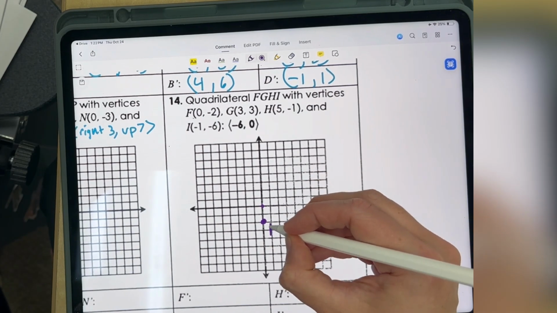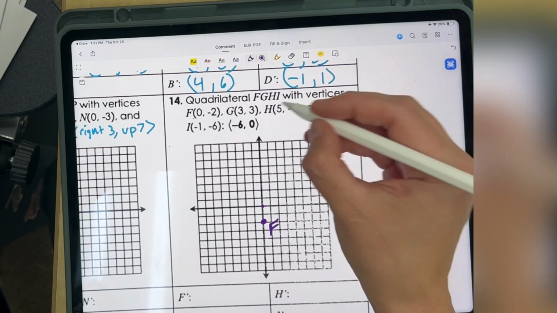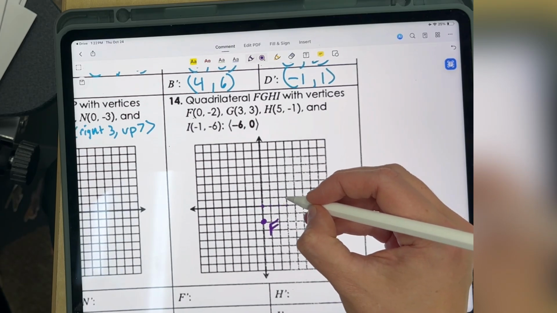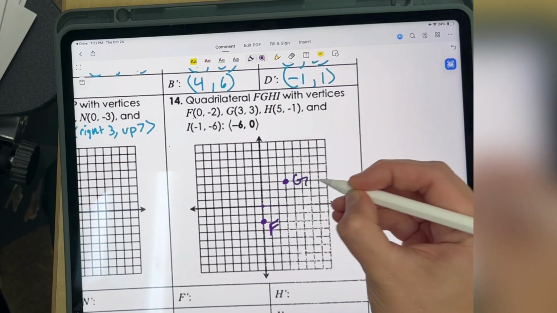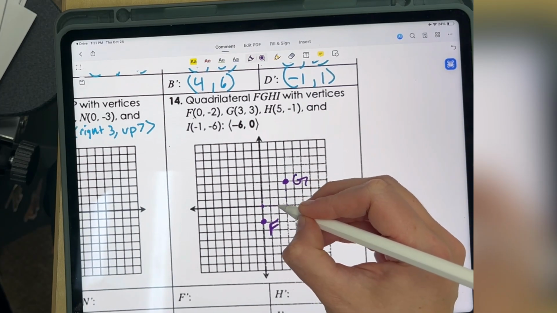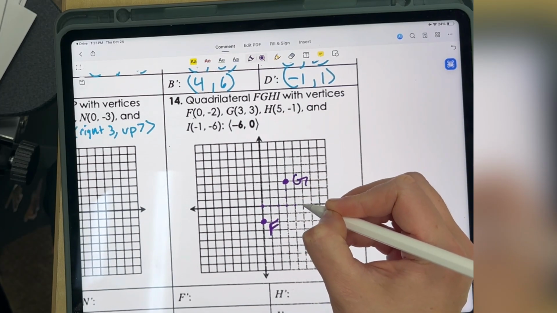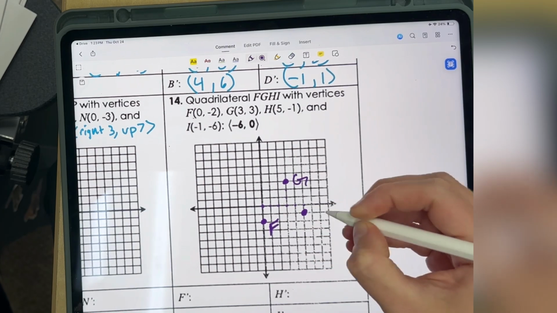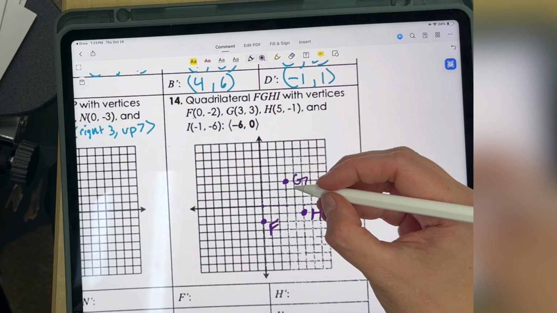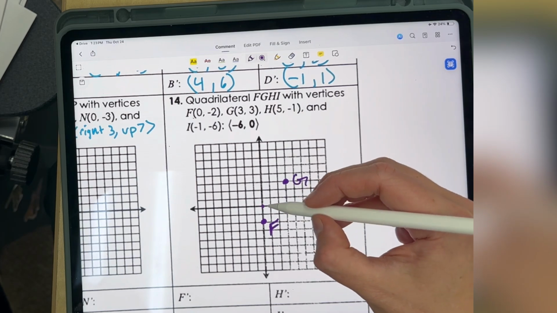So there's F. G is at 3, 3, so that means go right 1, 2, 3, up 1, 2, 3, there's G. H is at 5, 1, so that means go right 1, 2, 3, 4, 5, down 1. Lastly, I is at negative 1, negative 6.